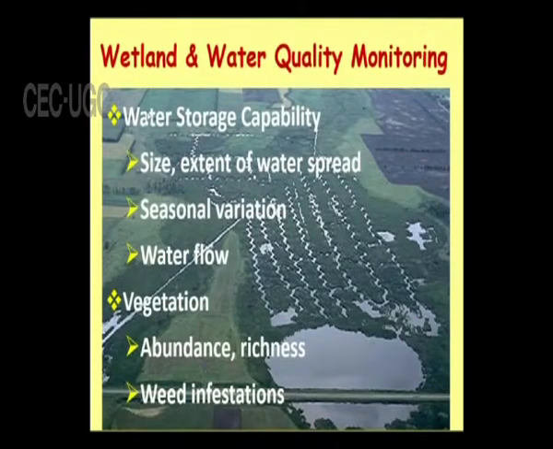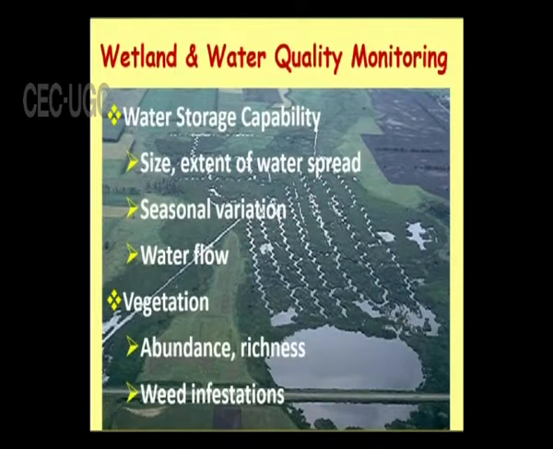What are the parameters? The water storage capability. The wetland ecosystem consists of so many parameters or characteristics, and the major characteristic is the water storage capability, which depends upon the size and extent of water spread. Look at the diagram: it is the size of the wetland and it is spreading over a large area also.